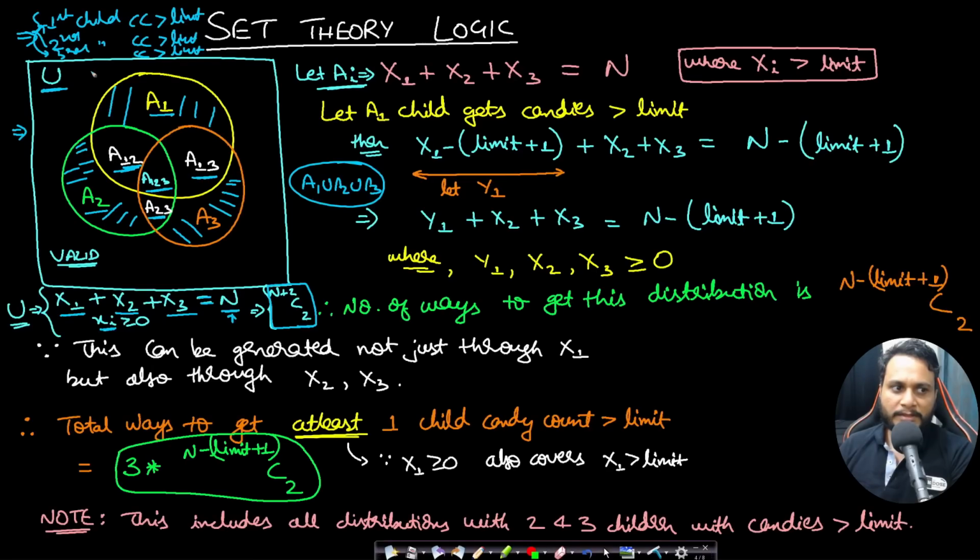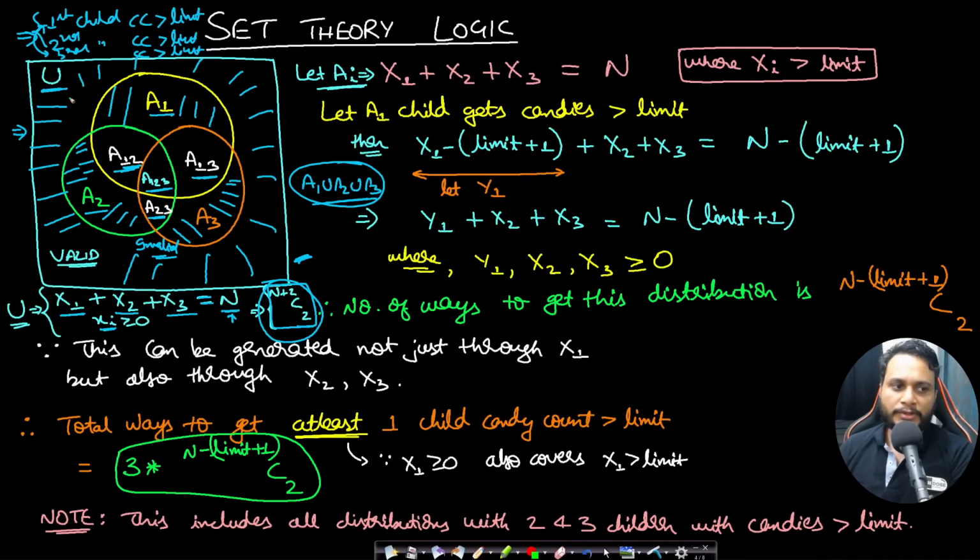So this universal set is representing all combinations, which is n+2 C 2, and this boundary, that means all the invalid combinations, is represented by A1 union A2 union A3. So if I take this n+2 C 2 and subtract A1 union A2 union A3, I will get all valid combinations.